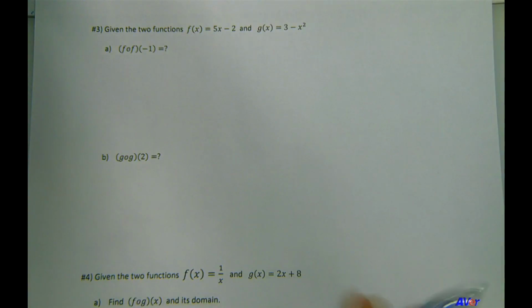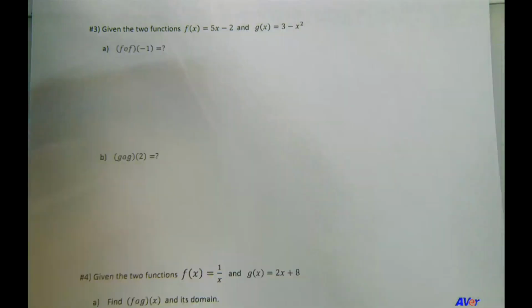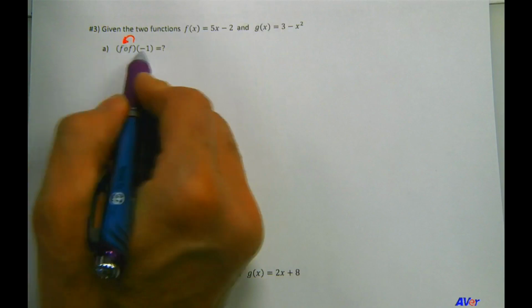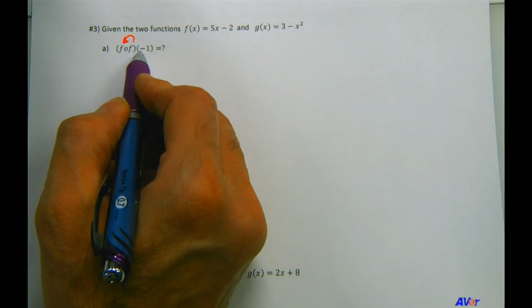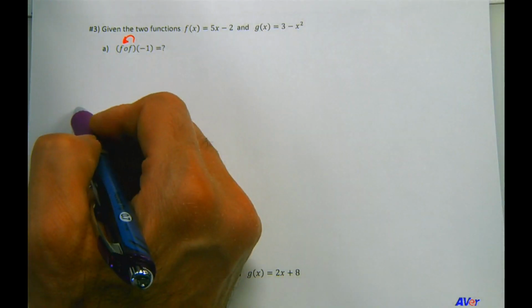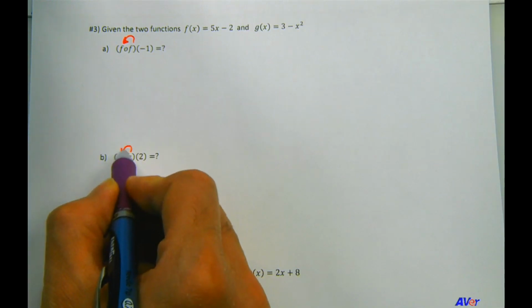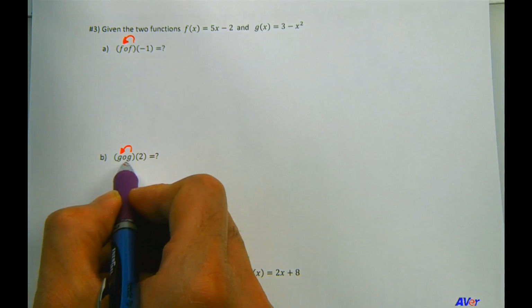These are just reminders. Okay, so composition of f with itself, that means put f back in itself and evaluate whatever the result is at -1. This one says put g back into itself and evaluate the resultant function at 2. So let's do that.